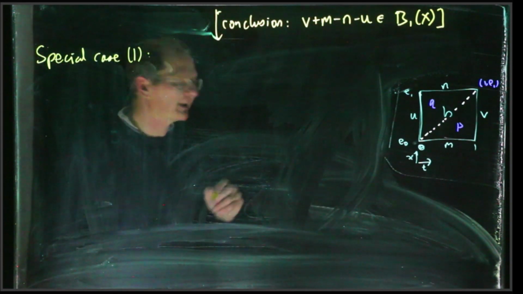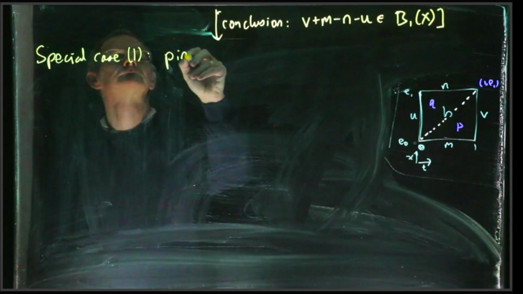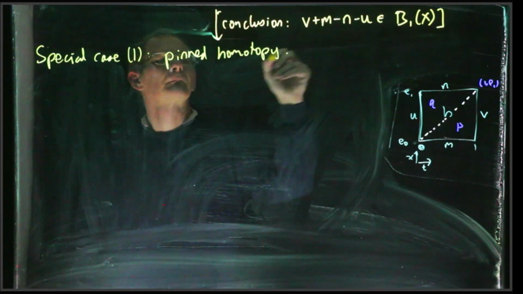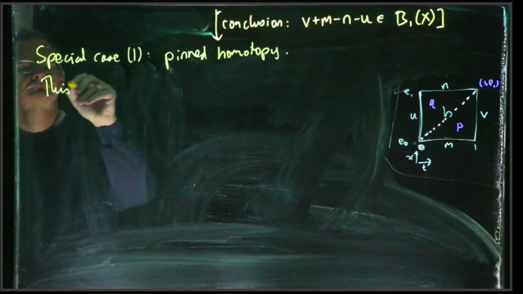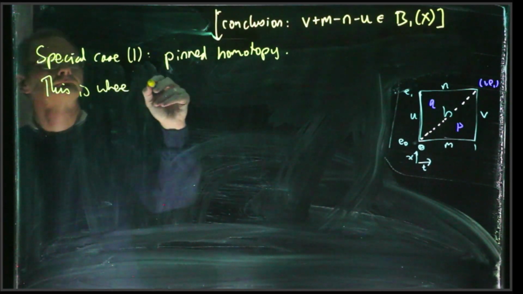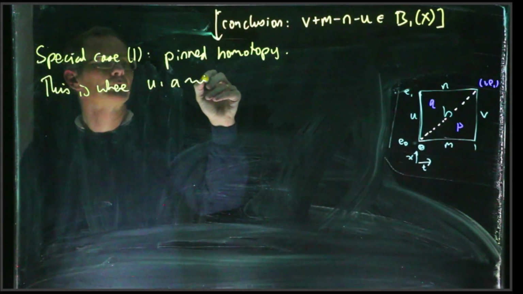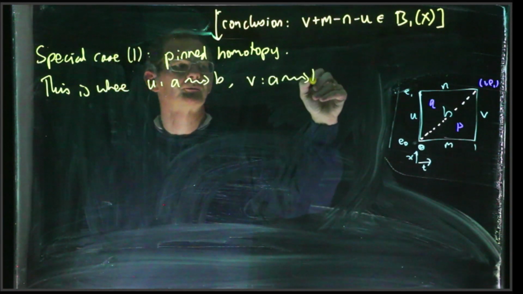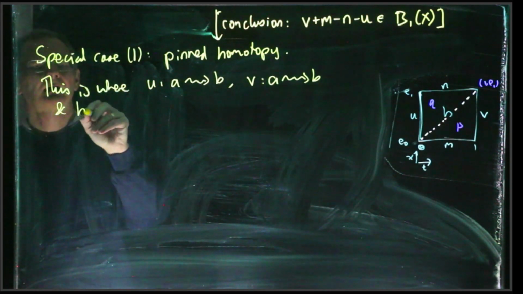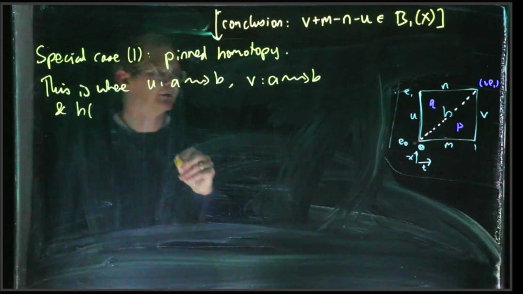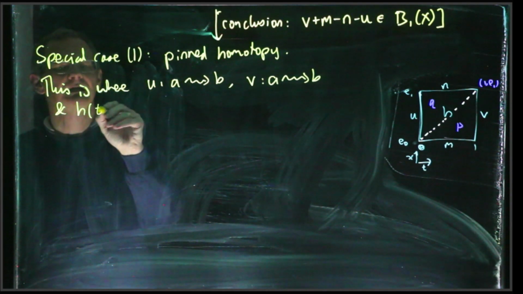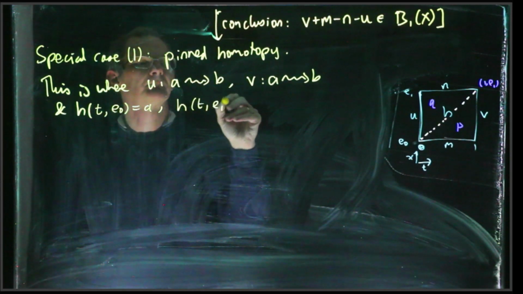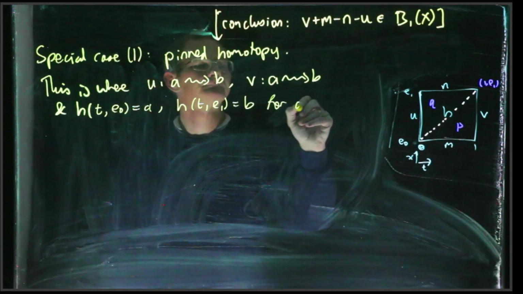Special case 1 is what I'm going to call a pinned homotopy. This is where u is a path from A to B, and v is also a path with the same endpoints from A to B, and h of t e0 is equal to A, h of t e1 is equal to B for all t.